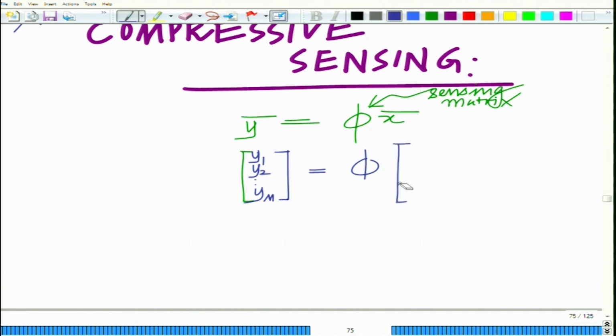I am going to draw the signal vector much larger than y bar purposefully, because we are making much fewer measurements than the length of the signal x.